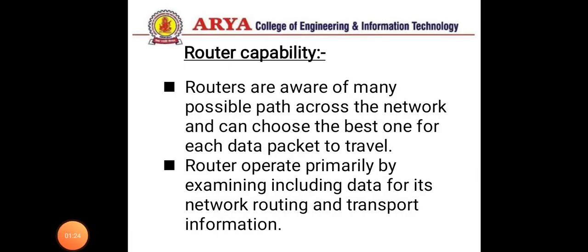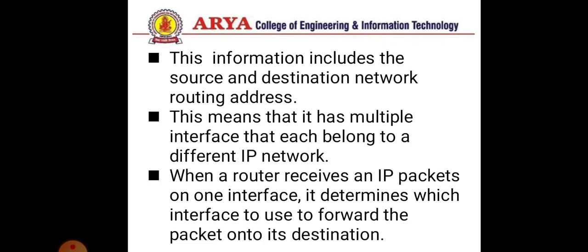Routers are often used to regulate the flow of information between networks, and are better than bridges, and therefore can regulate network traffic more precisely. But unlike a gateway, it cannot interface different protocols. This information includes the source and destination network routing address.